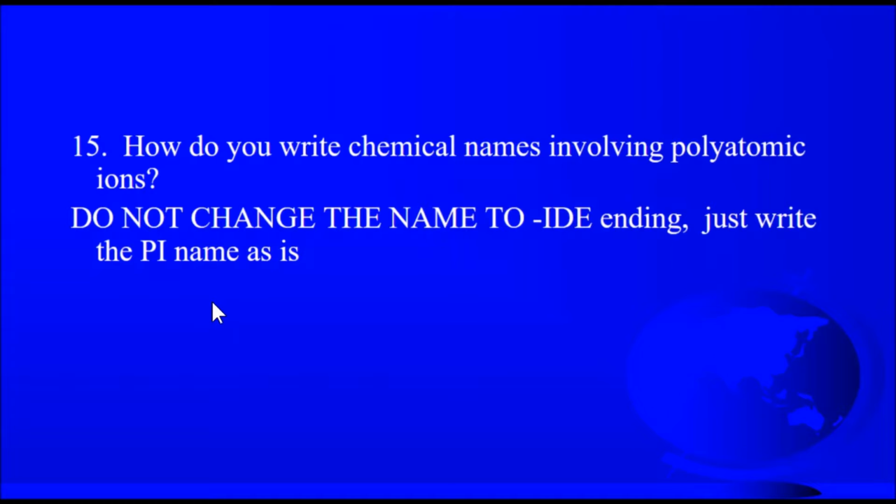If you buy it at Costco, you leave the name just as is. If you buy it at Walmart, then you change it to IDE. But if you buy it at Costco, you leave the name just as it is.